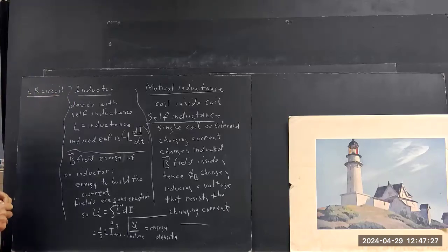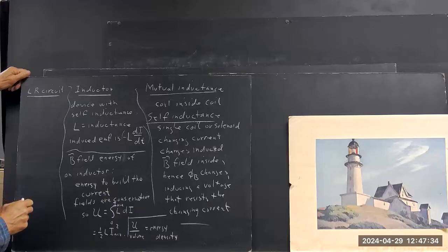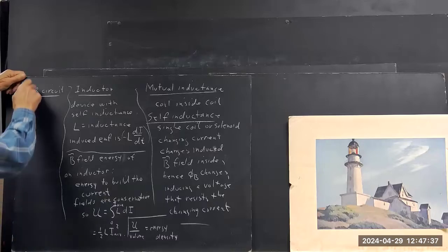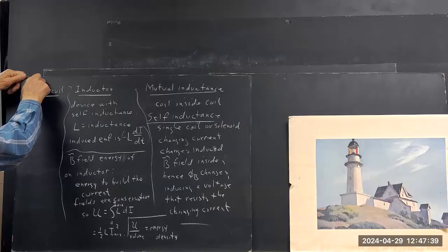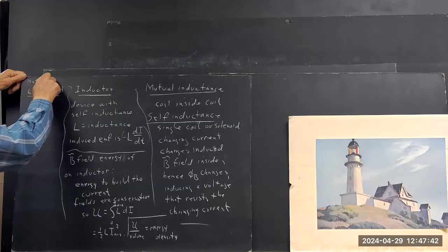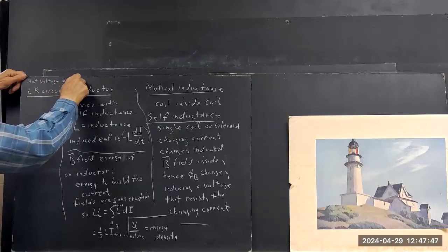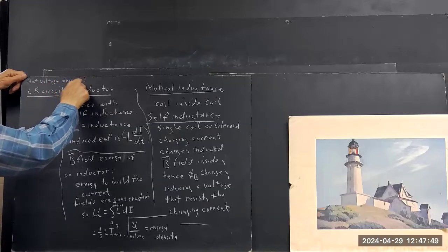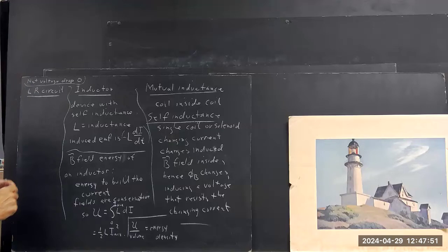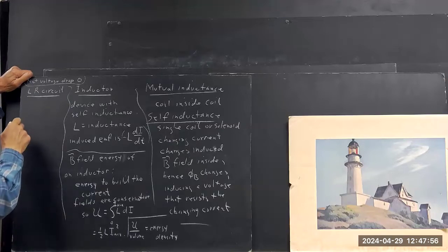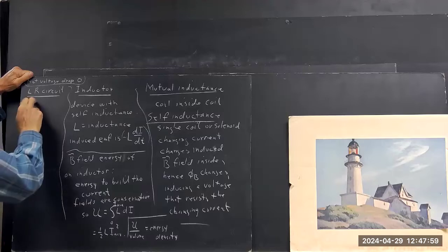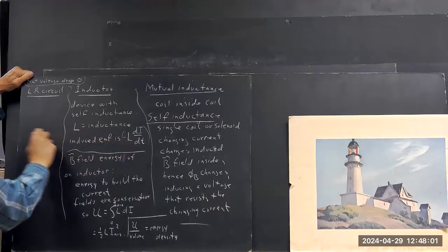LR circuit. In all cases, we're going to assume the net voltage drop is zero. In an LR circuit, the voltage drop across the inductor is this.